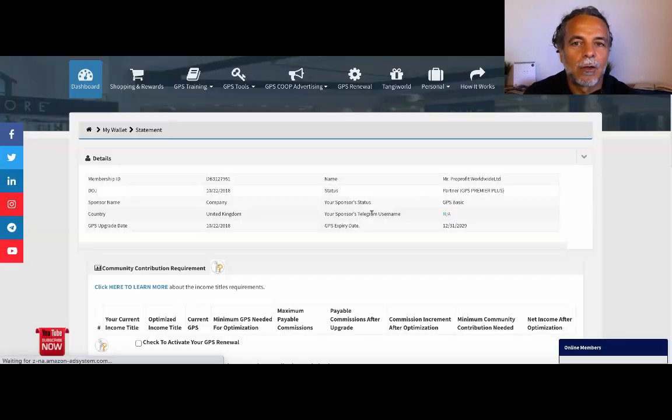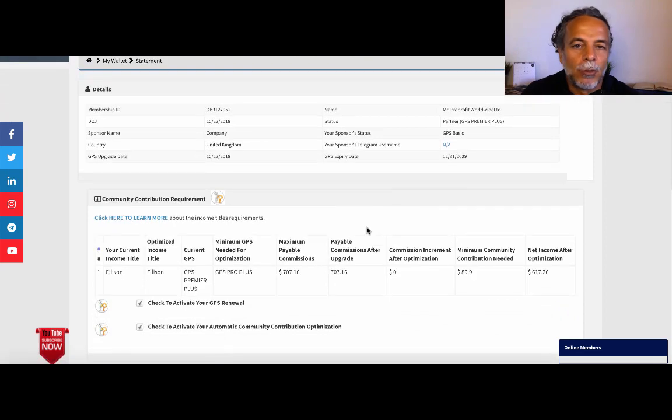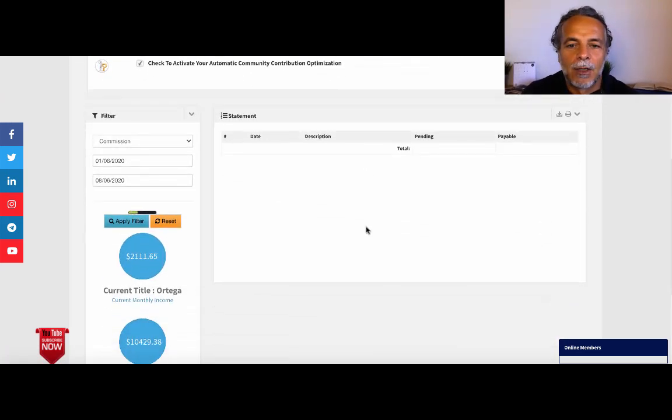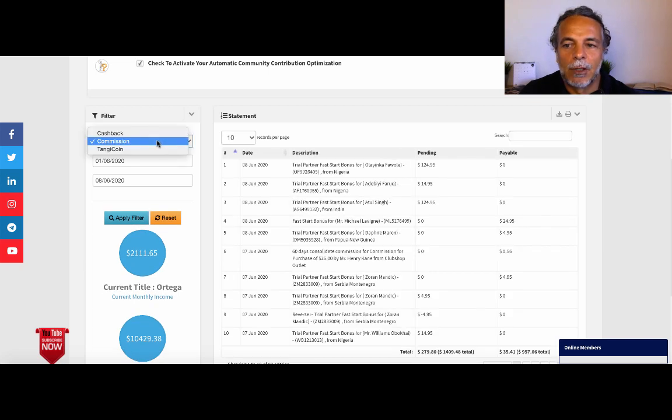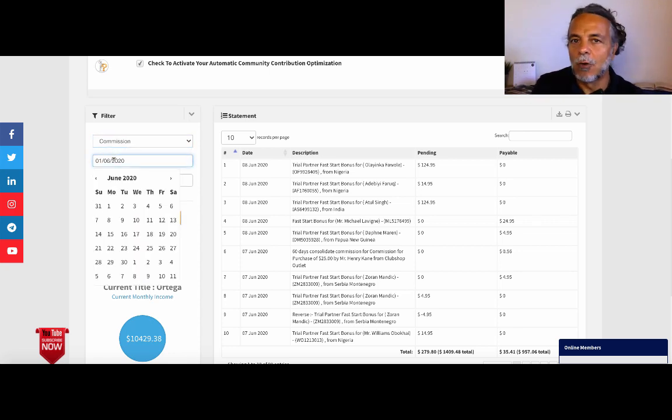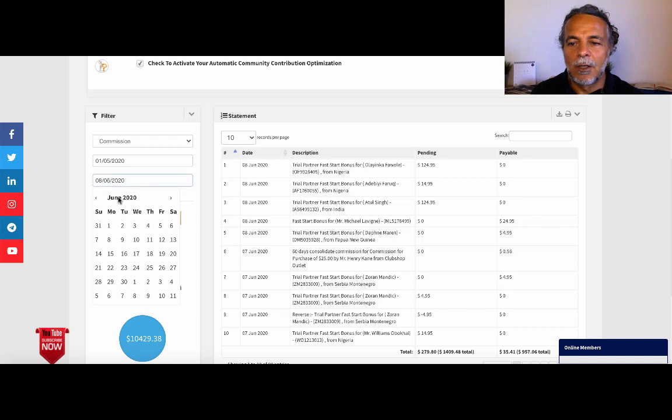So if you click details, you go to your real commission report where you can pull up the report that you want. You see here you have commissions, cashback, and Tangicoin. We want to see commissions generated in the previous month. For instance, if now you are in June, let's say, you want to see the commissions generated in May, so you go to May 1st, and then here, same thing for May 31st.